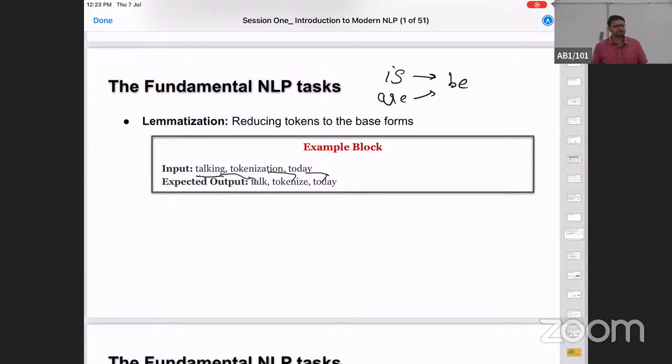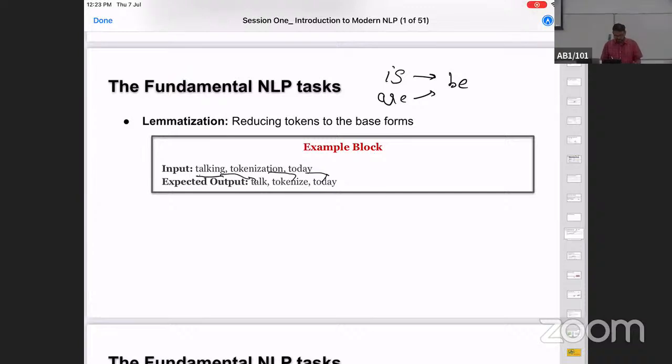Right. So what we want to do is just convert the tokens into their base forms. Why is it useful? Maybe we just want to reduce the size of our data set, right? And it can also help us in better searching.